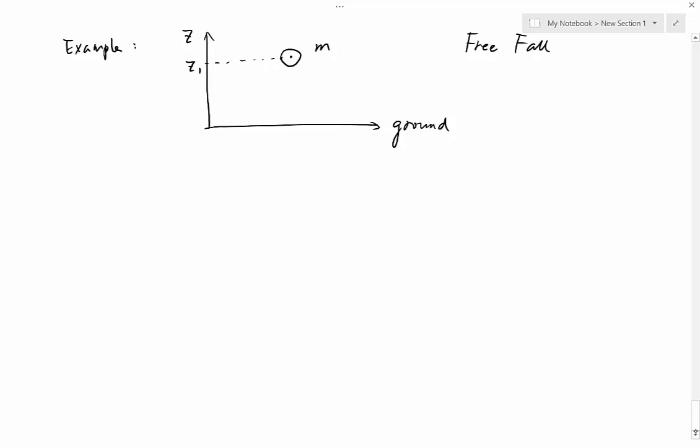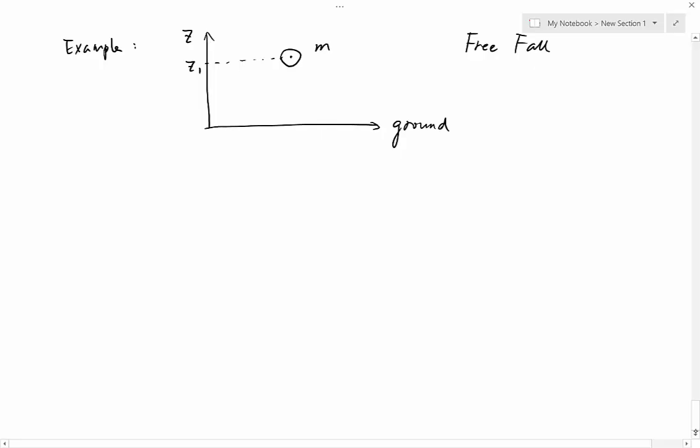Okay, so when the object free falls, what's going to happen to the potential energy? Potential energy will become lower because the height is smaller. What's going to happen to the kinetic energy? The kinetic energy will go up because the velocity of this object will increase as it falls. So kinetic energy goes up, potential energy goes down.